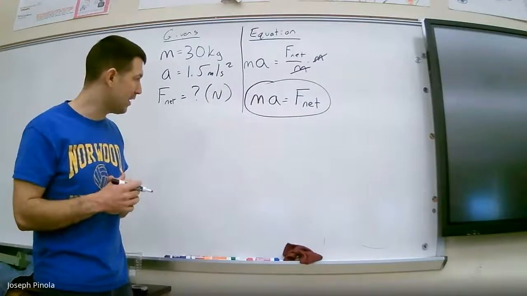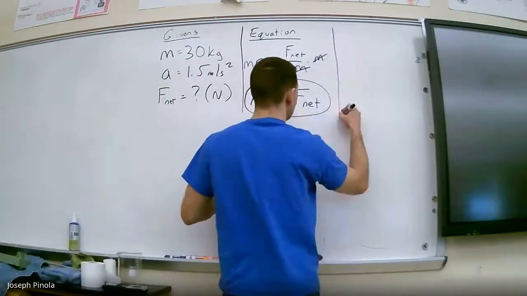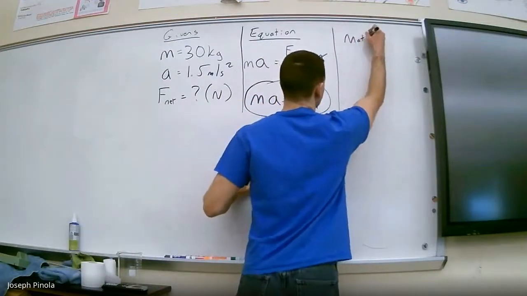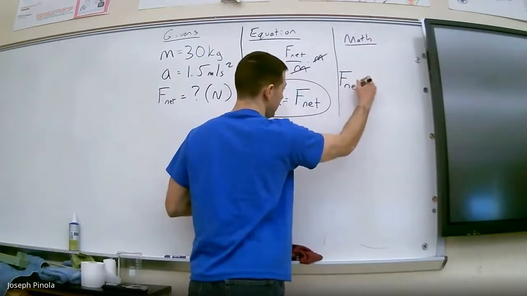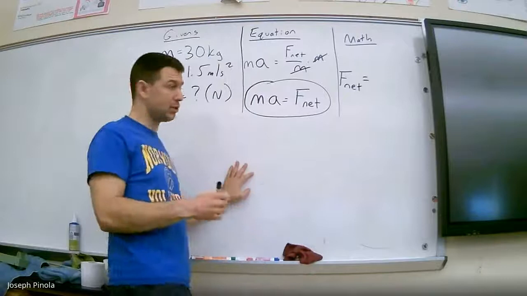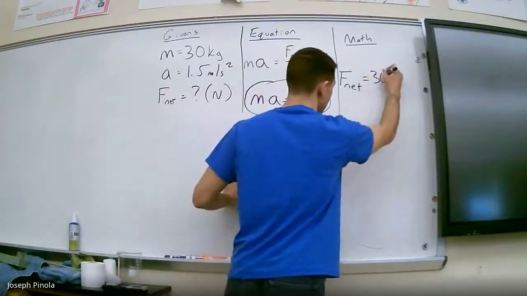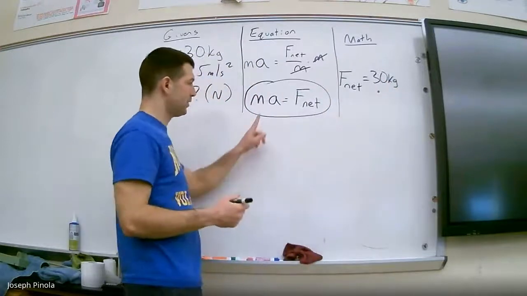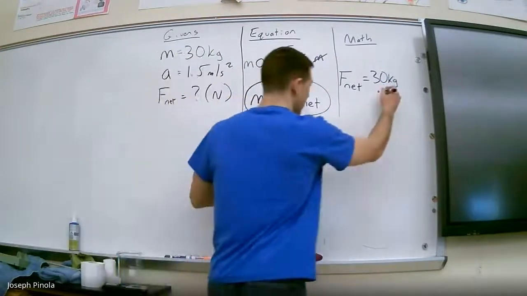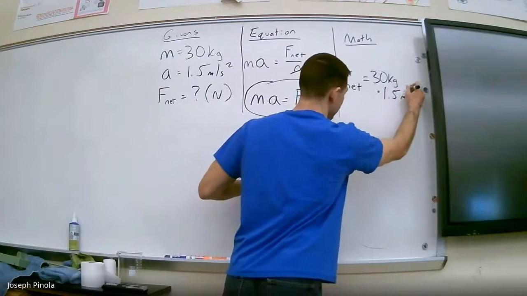So, to finish out our work, we're going to do a bit of math. We will say that F net is equal to the mass, which is 30 kilograms, multiplied by the acceleration of 1.5 meters per second squared.